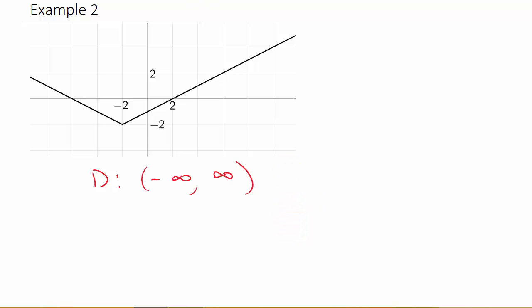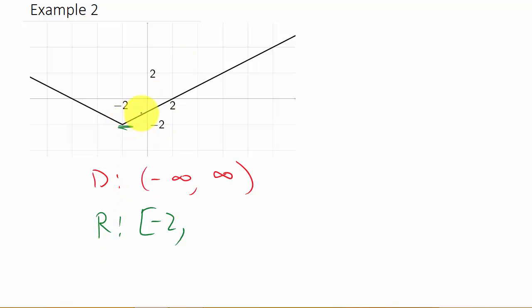Now let's look at the range. Remember, that's the y values it's hitting. What's the smallest y value that this graph hits? You can see that it's -2. So the range is going to be from -2, and we'll put a bracket because the -2 is included.